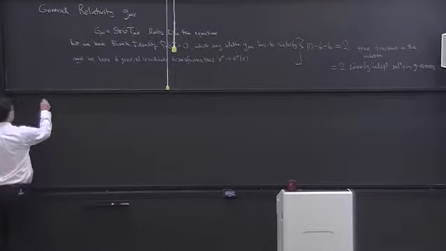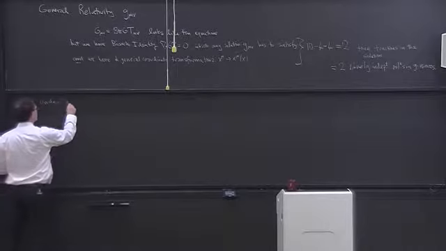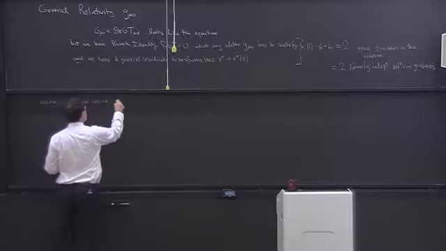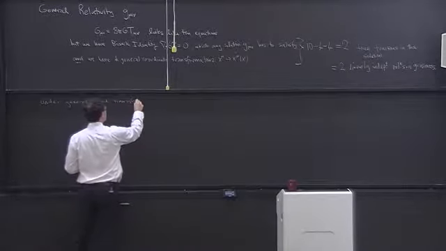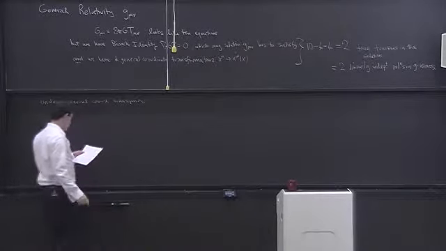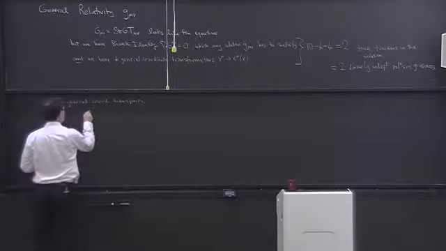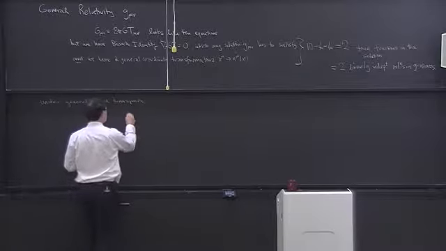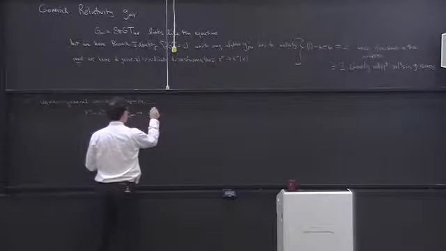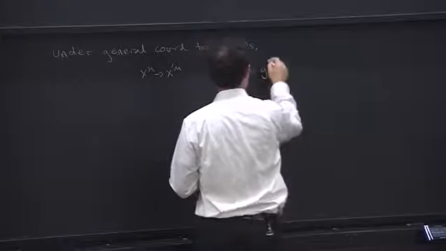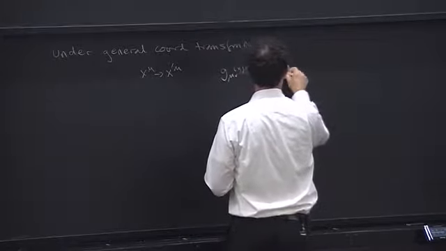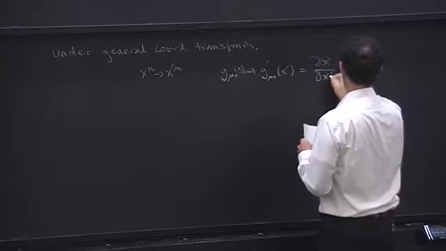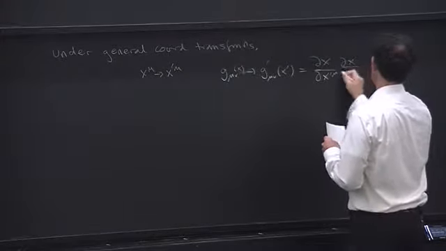So under general coordinate transformations, and I think you did this in class, x mu goes to x prime mu, g mu nu of x goes to g prime mu nu of x prime, which is dx dx prime dx dx prime.